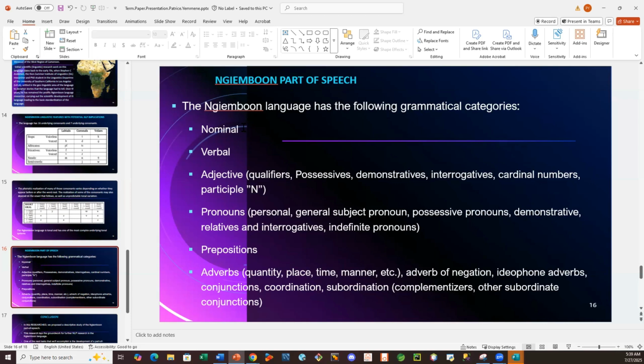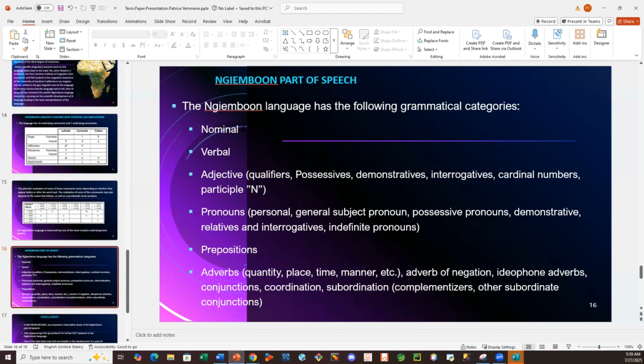And sometimes the distinction between the noun and the verb in this language is not apparent, and in some cases, it could be just the tone that makes the difference. And obviously, the language also has, as part of speech, the adjective, it has the qualifiers, the possessive, the demonstrative, interrogative, cardinal numbers, and then the participle.